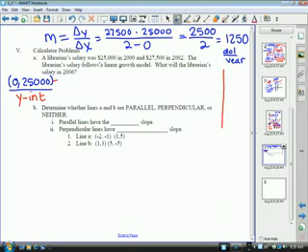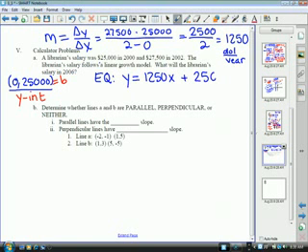It's the y-intercept. Isn't that your b? So see, I don't have to do all that y equals mx plus b calculating stuff. I know the equation right now. The equation would be y equals mx plus b.